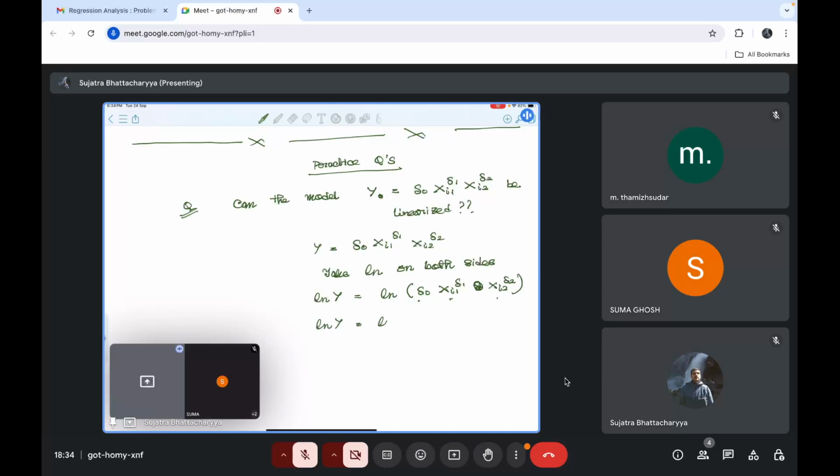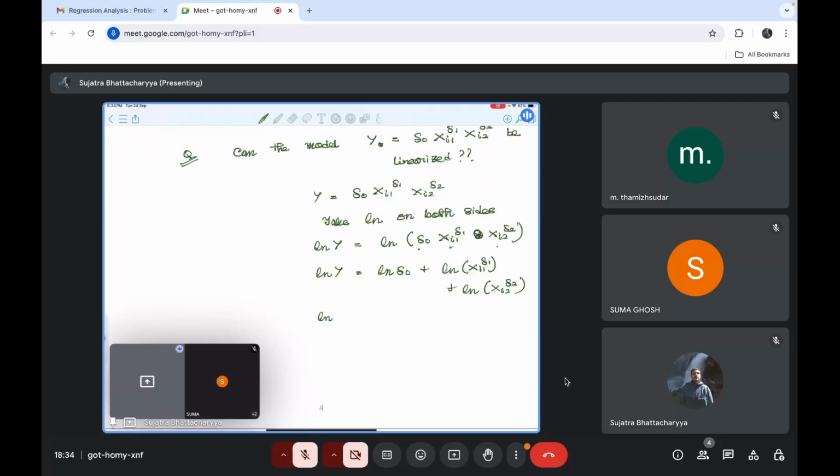We know that. So it will be log delta naught plus log of x_i1 to the power delta 1 plus log of x_i2 to the power delta 2. Right? So it will be log y equals log delta naught. Now the power comes. So log of a to the power b is b log a, right? So it will be delta 1 log of x_i1 plus delta 2 log x_i2.